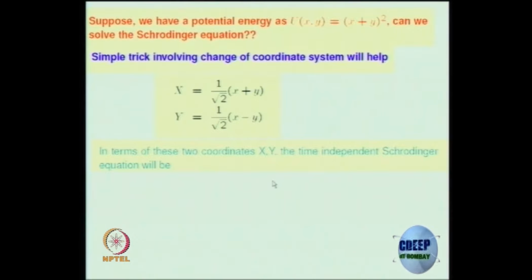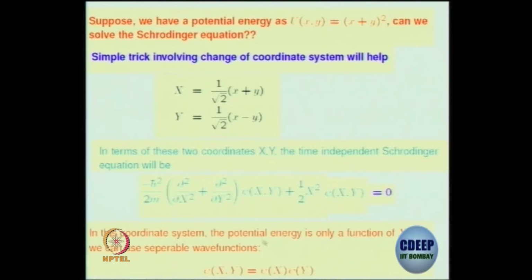So with this capital X, capital Y coordinate change in your Schrodinger equation, the potential will have a half X squared. You can still treat it as a one-dimensional problem, but since the motion is in 2 dimensions, it behaves like a free particle in the other direction, so you have to keep track of that.